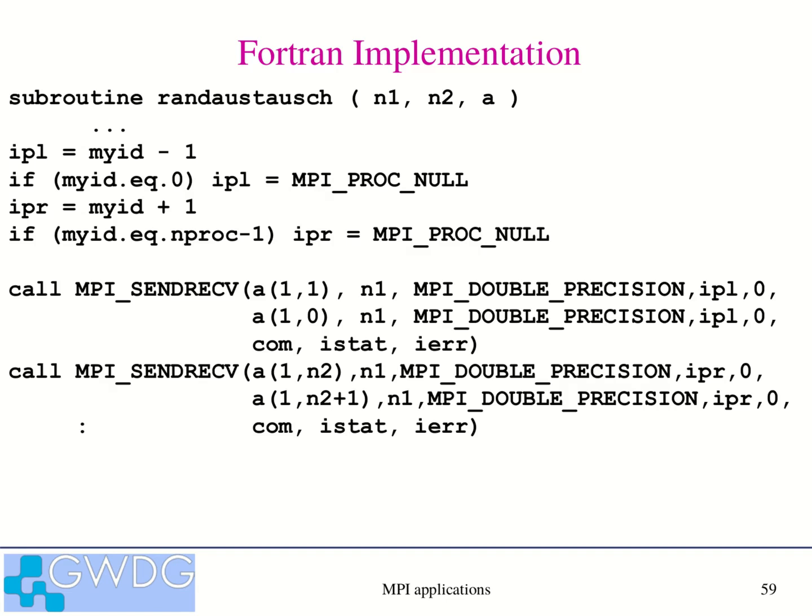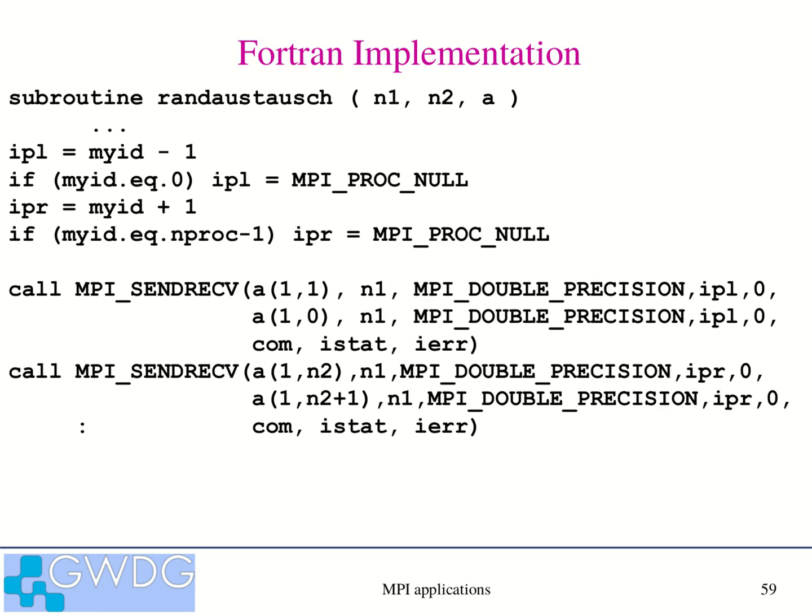You can see it. I have the boundary exchange, which has 2 dimensions, n1 and n2, and as input the array, the local array of the local domain. Then I have a left neighbor, which is MID minus 1.